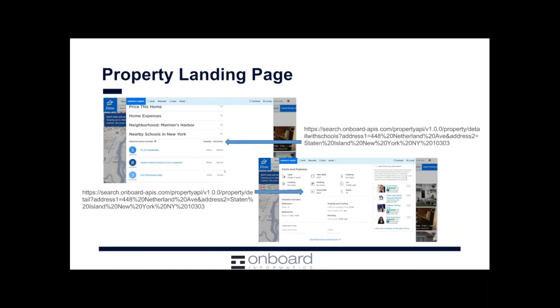If you're also looking to show things like schools on maybe your property landing page as opposed to a community page, we also give you the ability with this top right API call to search for schools that are within the applicable attendance zone for the property that you're searching. So you can see here what Zillow is doing is saying nearby schools to this property.